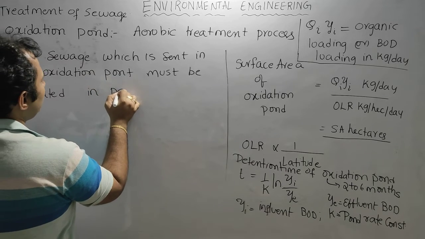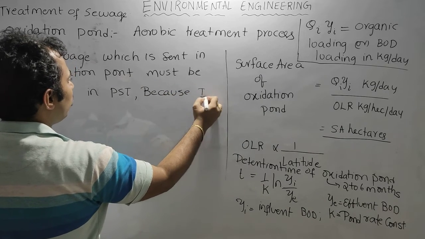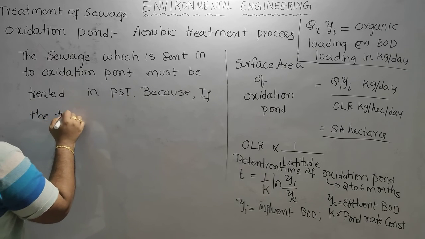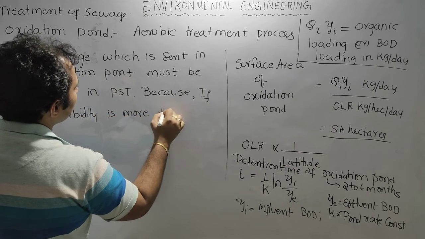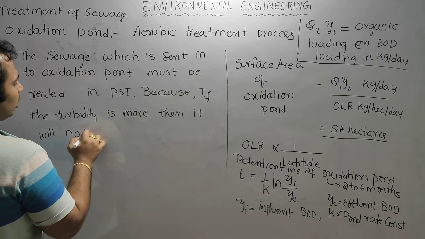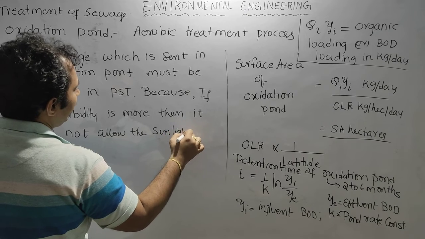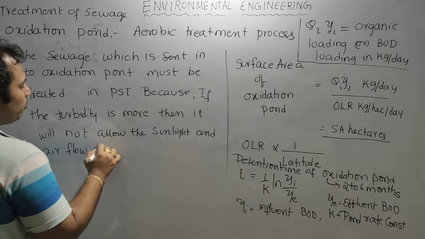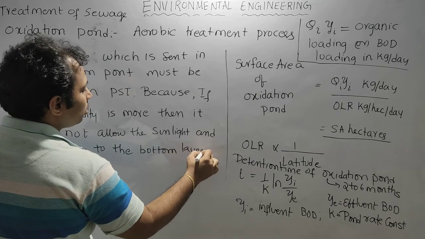in the primary sedimentation tank, because if the turbidity is more, it will not allow sunlight and airflow to reach the bottom layer of the oxidation pond.